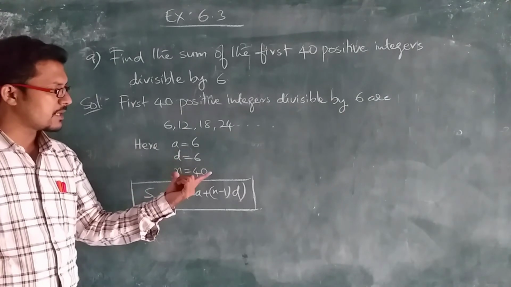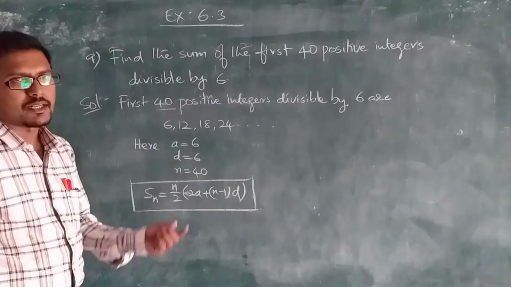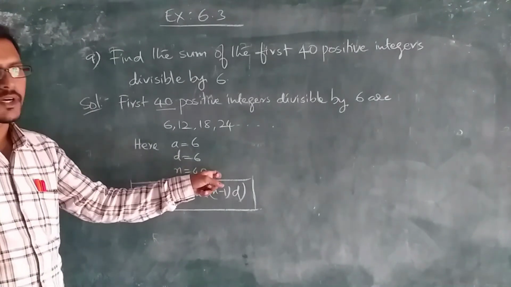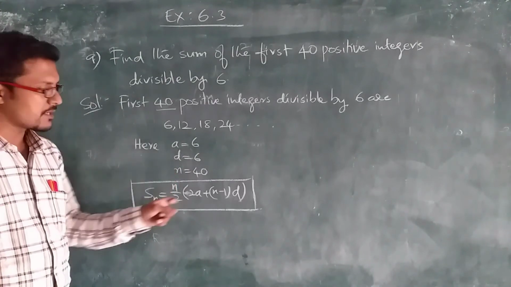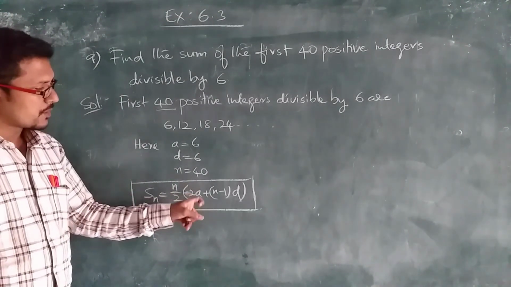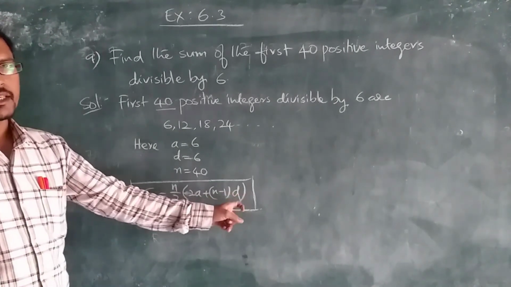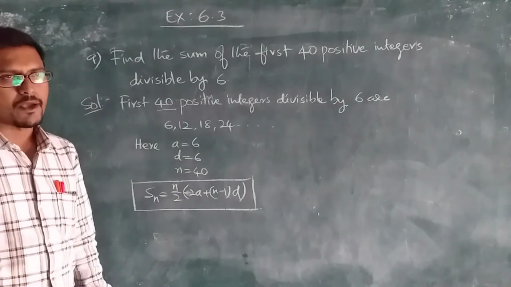How many numbers are there? We have to find the first 40 numbers, so n is equal to 40 here. By substituting a, d and n in the given formula, that is Sn is equal to n by 2 into 2a plus n minus 1 into d, we will get the answer here. Okay, right.